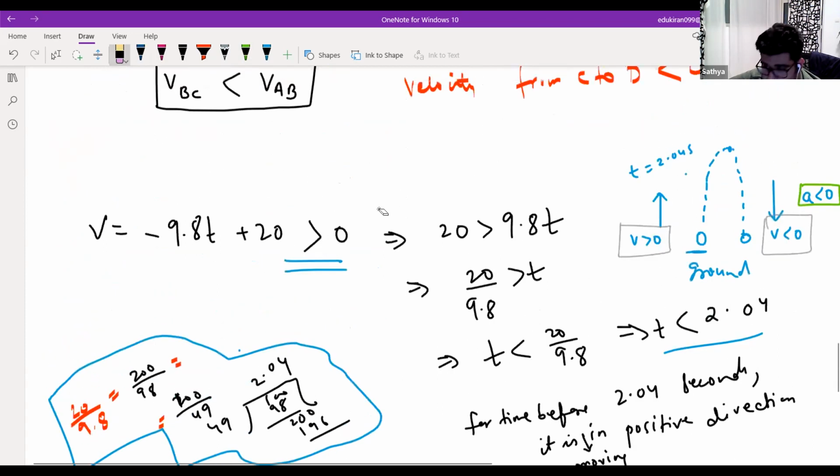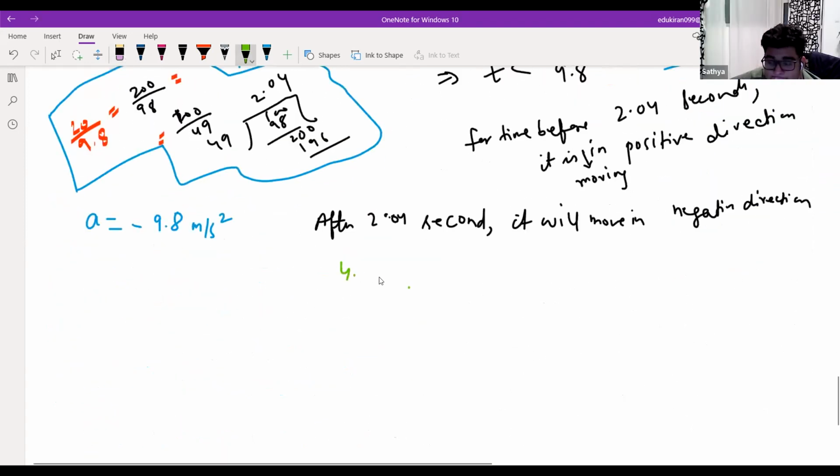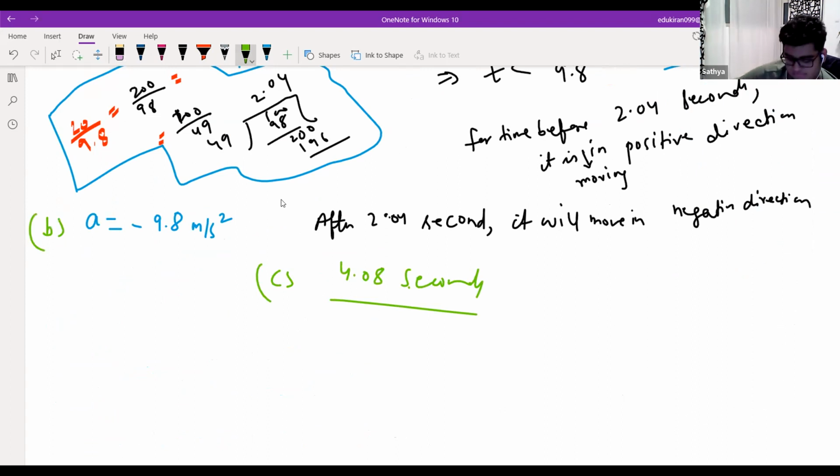It will be 2.04 at the top, and another 2.04 it will take to come to the bottom. So it will be 4.08. 4.08. This will be written. Yes, sir. Now you can share.